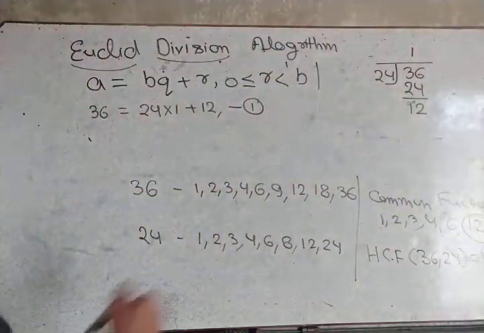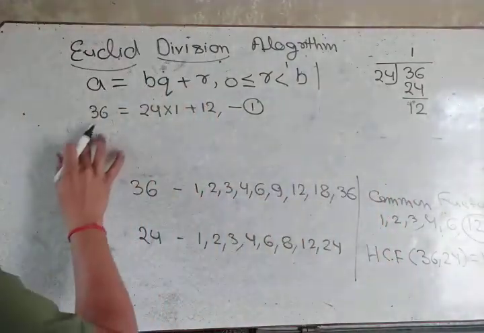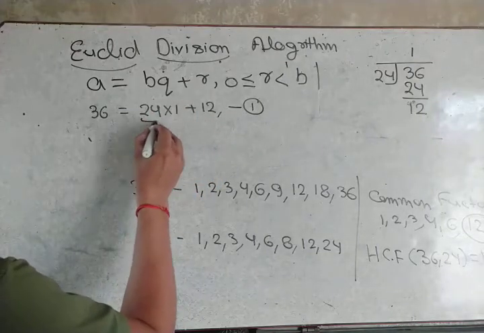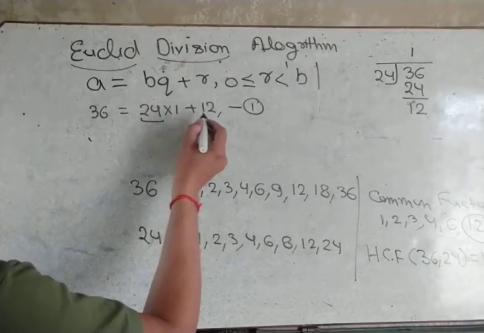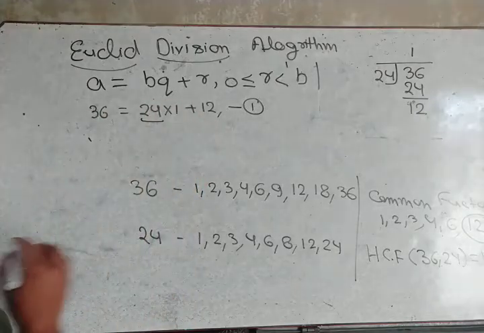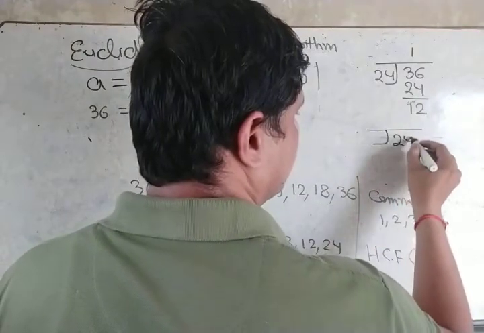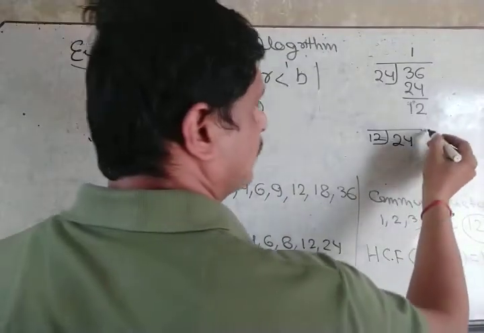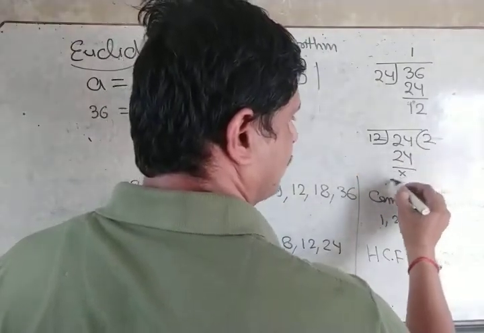So when remainder is not 0, we again take B as A and remainder as B. Means we divide divisor by remainder. So let us divide. We will get remainder as 0.